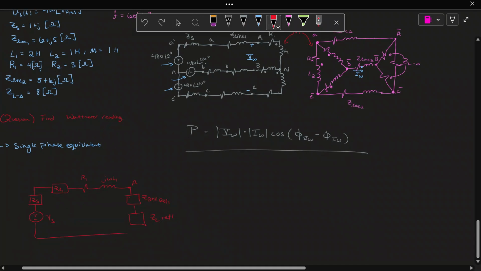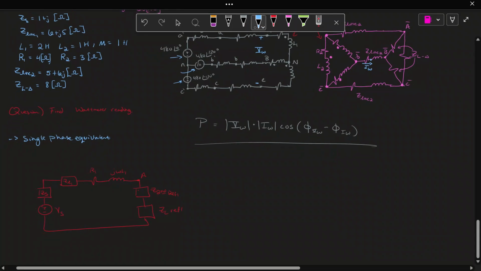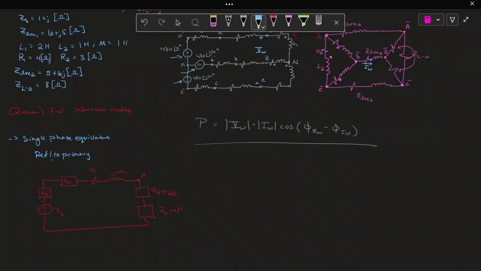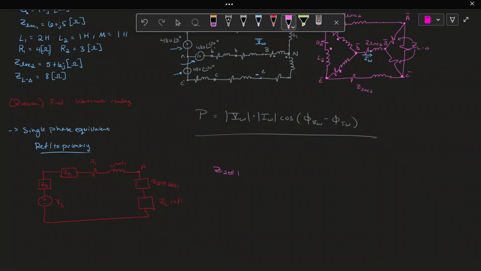So this is our single phase equivalent for a Y to delta transformer, reflected to the primary side, the primary windings. Okay, so the only things we really need to solve for are the Z secondary reflected, and the load impedance reflected.